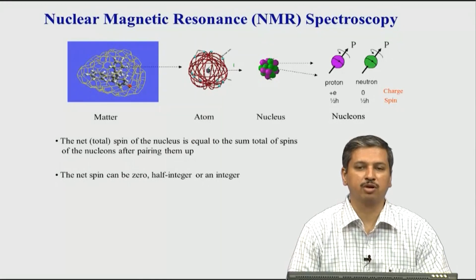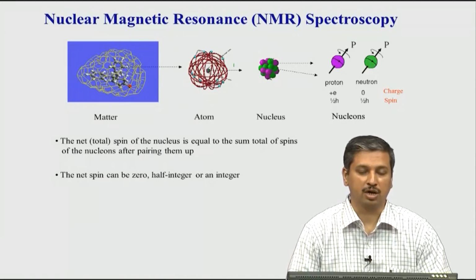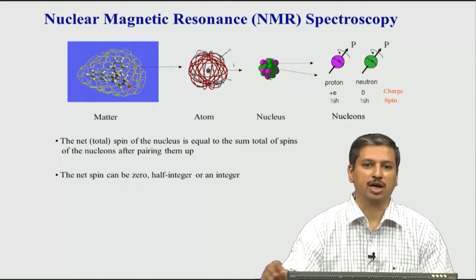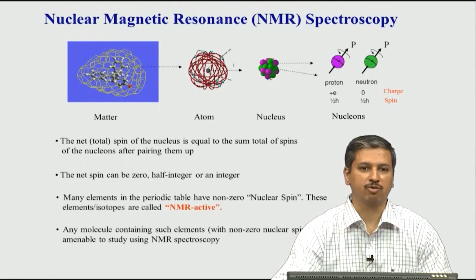If all the protons and neutrons pair with each other exactly, then the total spin value of the nucleus will become 0, because the positive spin will cancel with the negative spin of the nucleons, and therefore, if the net total spin is 0, then NMR cannot be carried out on that particular molecule. So, this atom or element should have a non-zero spin. If it is 0, then it cannot be studied by NMR.